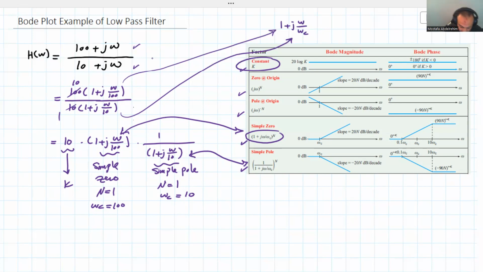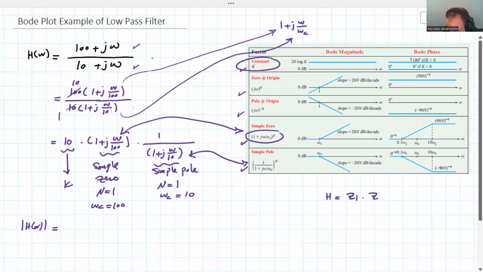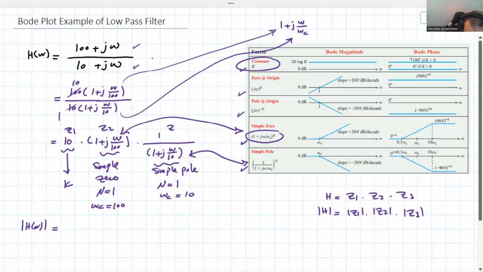Now the trick is the magnitude of H of omega, and remember we plot the magnitude, not the actual function. When you have H of omega equal to something multiplied by something multiplied by something, let's do it in a more formal way. If H equals some complex number z1 multiplied by z2 multiplied by z3, then the magnitude of H is equal to the magnitude of z1 multiplied by the magnitude of z2 multiplied by the magnitude of z3.